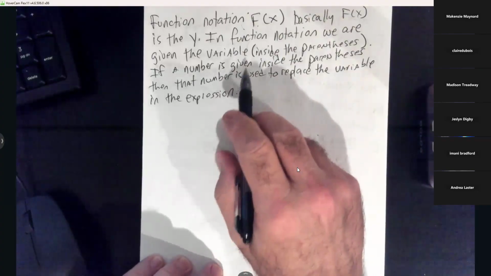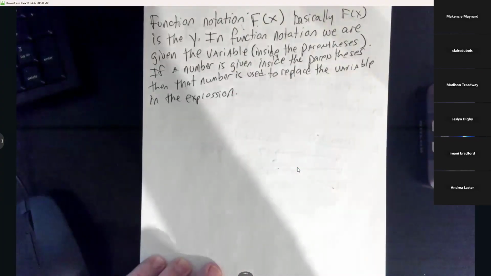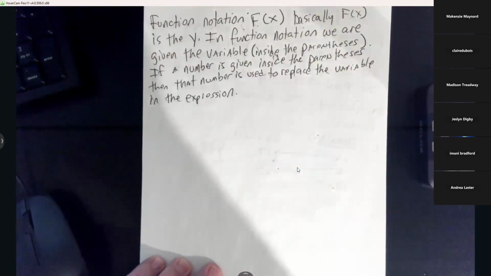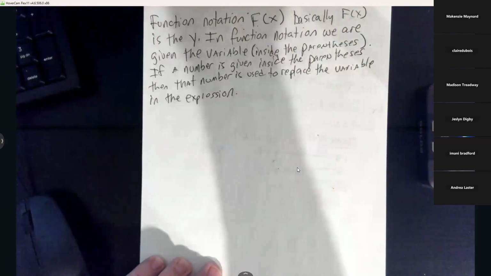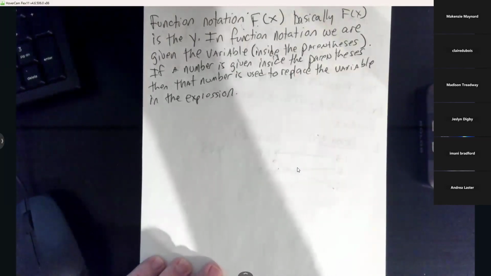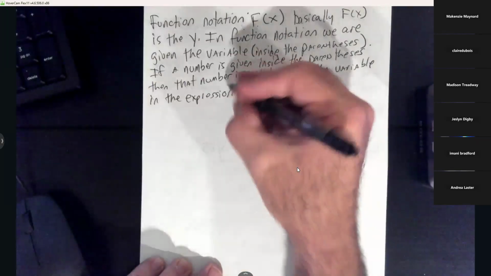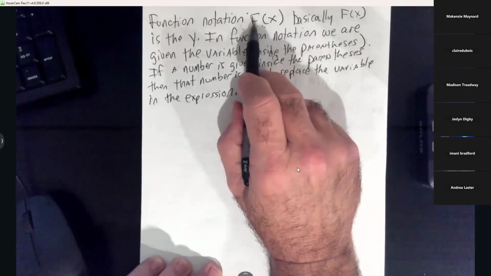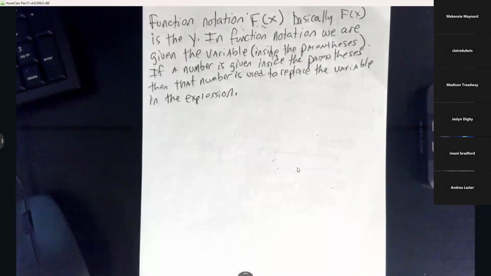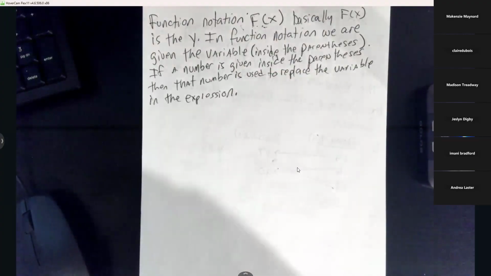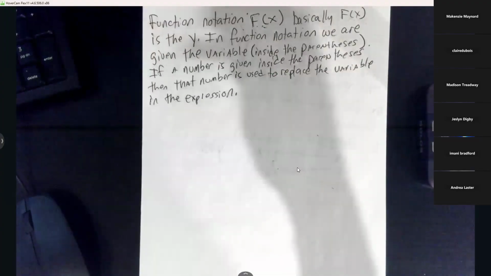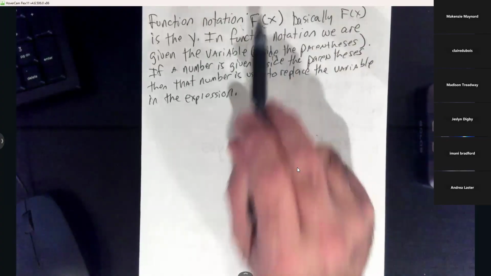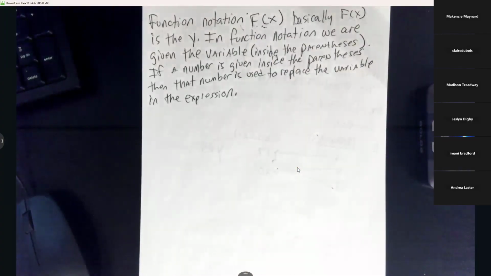So if I had f of 3, that means I would put a 3 in for the variable in my expression and then evaluate it. Now, the f of x, we never do anything with that. That just lets us know that we have a function, okay? And like I said, if there's a number there, then that number is what we're going to put into the function when we evaluate it.